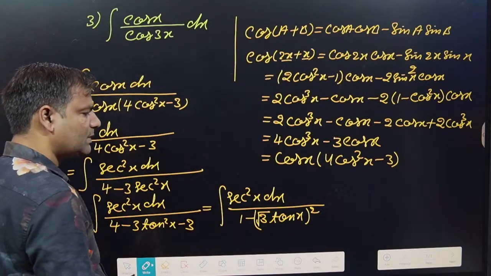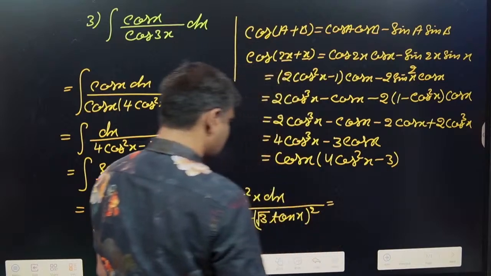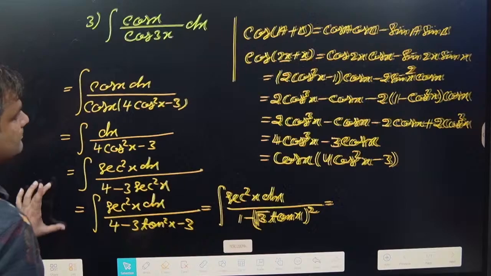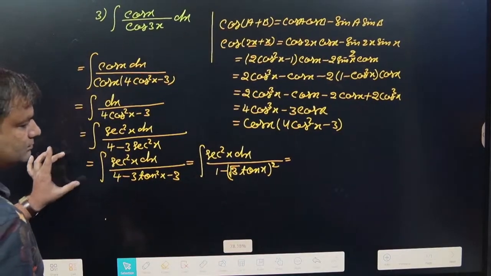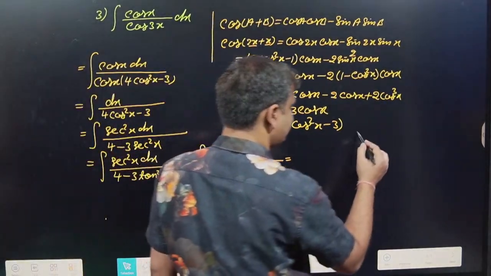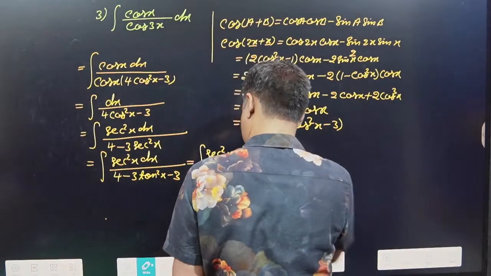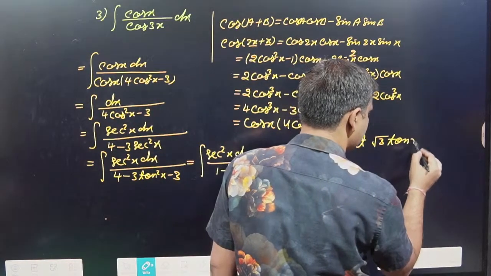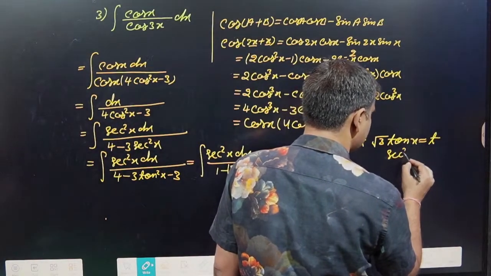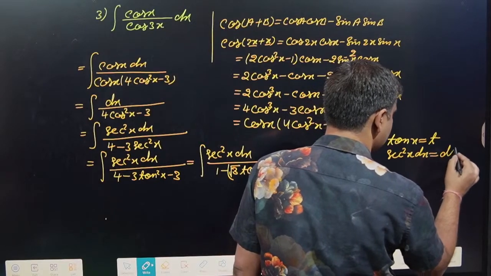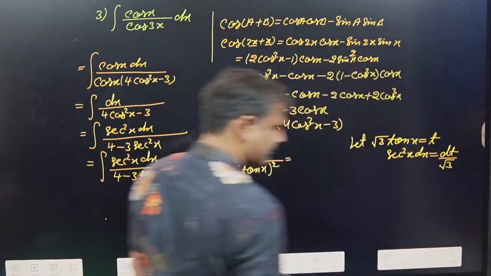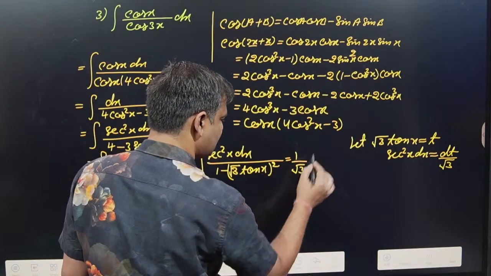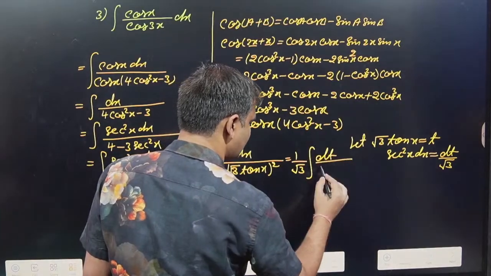Now look here, let root 3 into tan x be equal to t, so sec square x dx is replaced by dt by root 3. So you can say 1 by root 3 into dt divided by 1 minus t square.